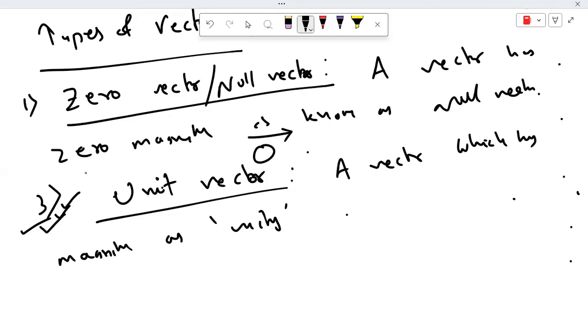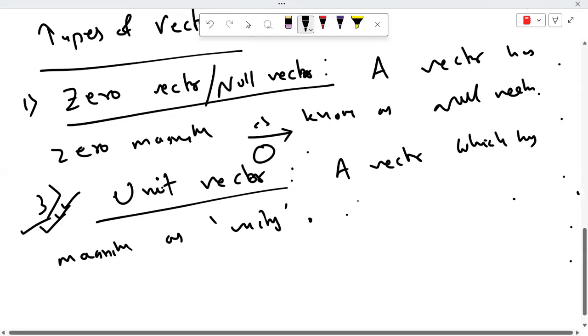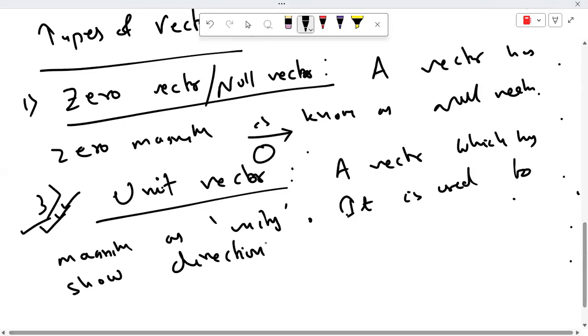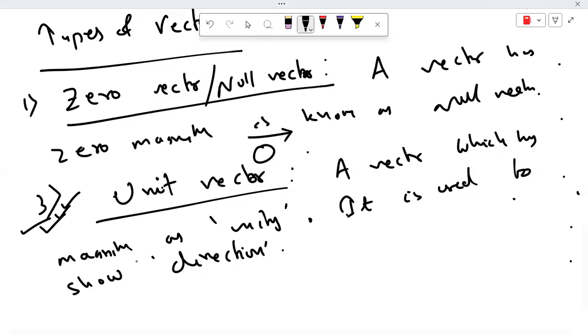Unit vector, why is it very important? Please write it down. It is used to show direction. Remember, whenever we need to show a direction, that it is in the AB direction or BC direction or some direction, then the unit vector will be used.